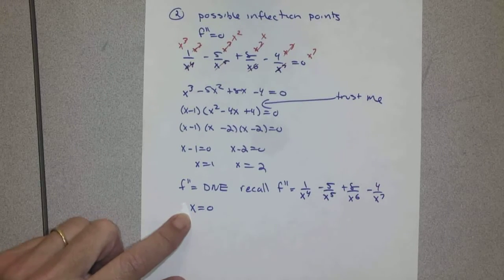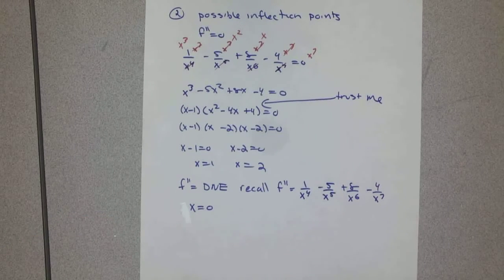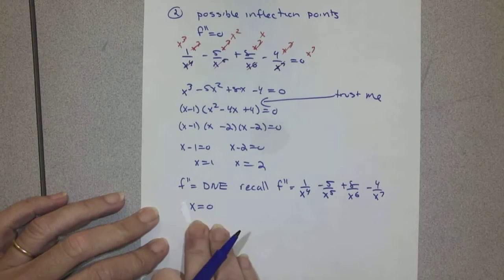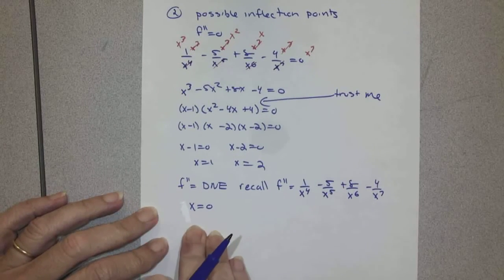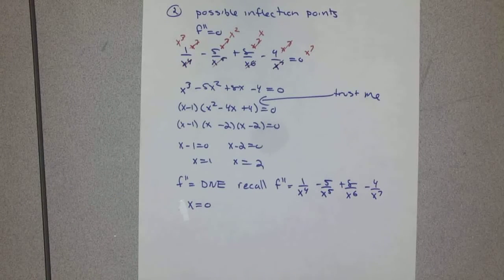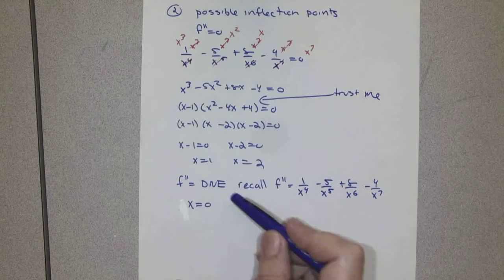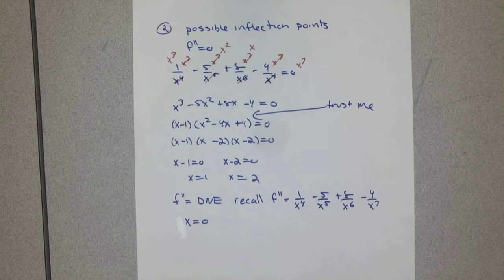So it automatically is not going to be an inflection point. However, I still need it in my concavity chart that I'm about to draw. We're going to learn later that this is going to turn out to be a vertical asymptote, and at vertical asymptotes, concavity can change. So even though I know for sure it's not going to be an inflection point, it still has to go in my chart where I determine concave up, concave down.